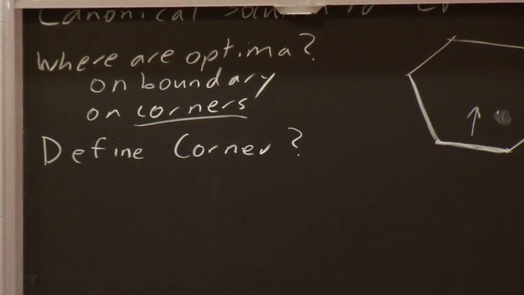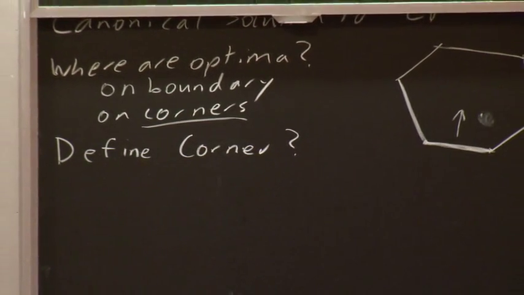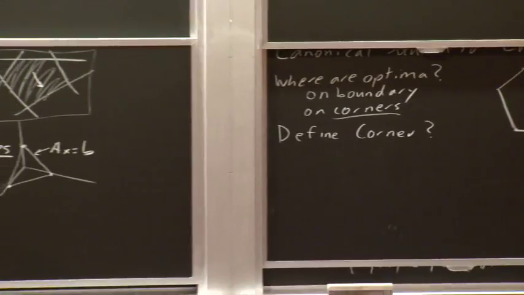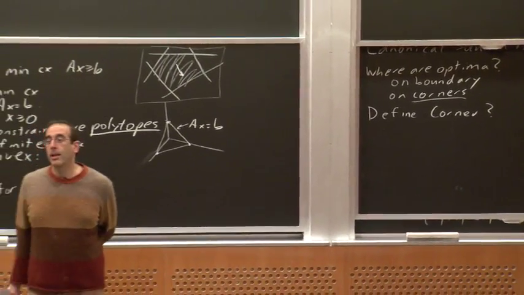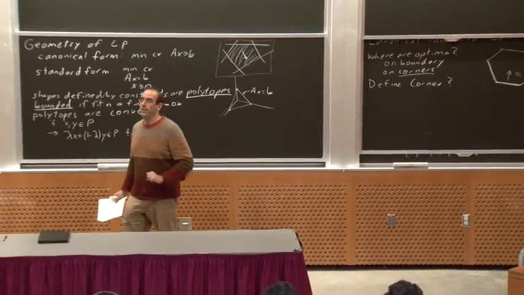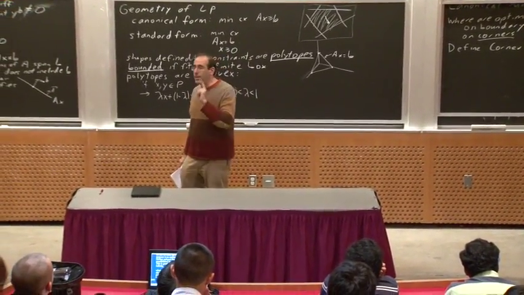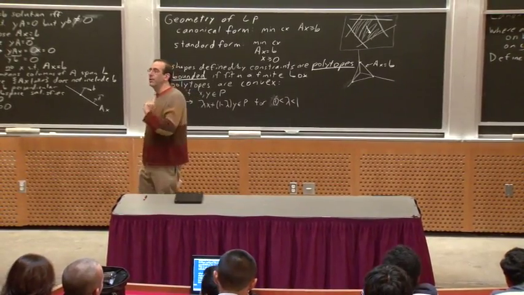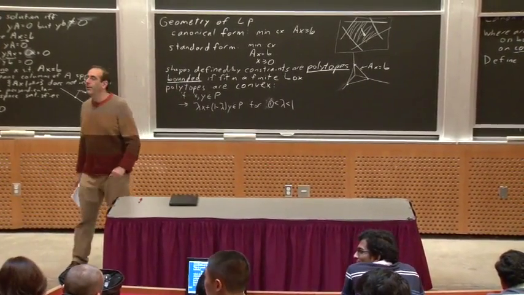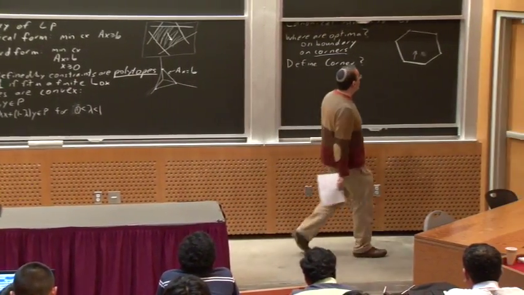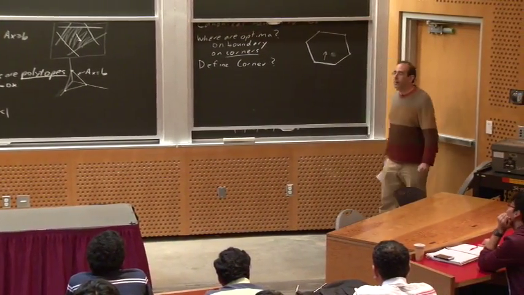So what is the definition or characterization of a corner of a polytope? And I will hint to you that there are 3 correct answers. Okay, so you have 3 times as many possibilities, 3 times as much chance as usual to be correct. Yes? Good. So in this picture, a corner is an intersection of 2 hyperplanes.